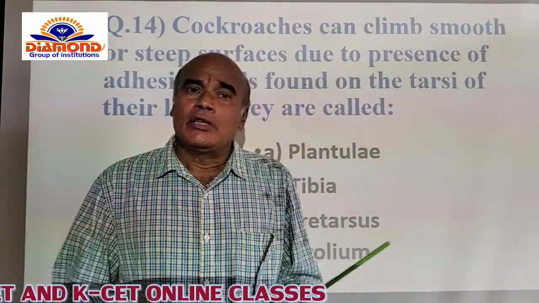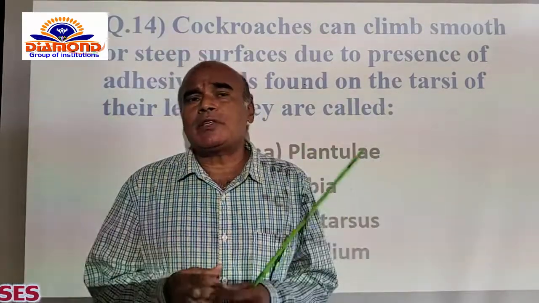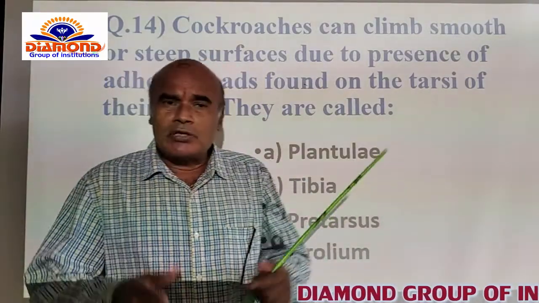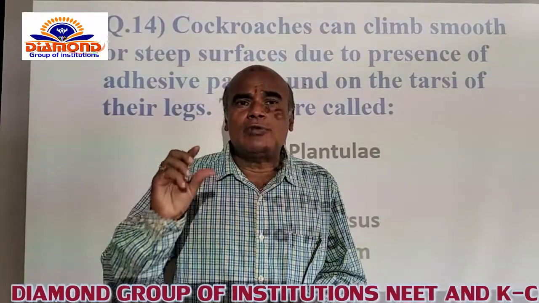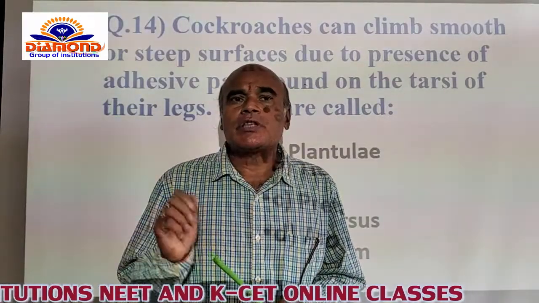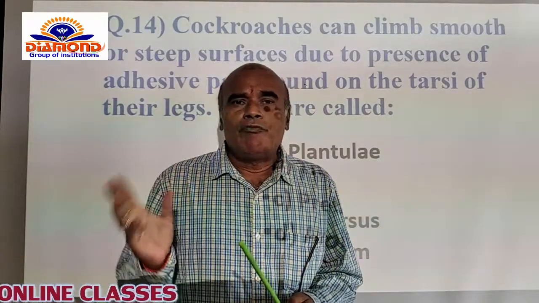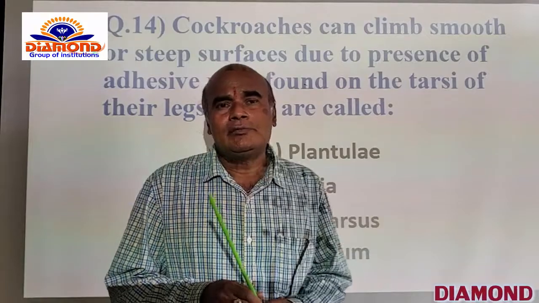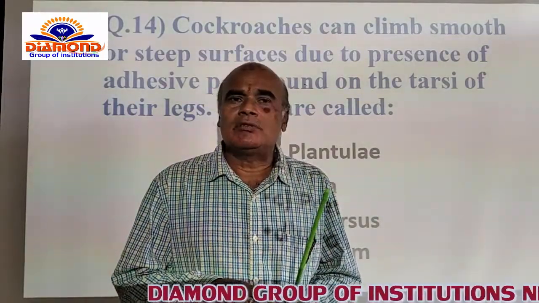You know that three pairs of legs are present, and all three pairs of legs of the cockroach are popularly named homologous organs, because each leg of the cockroach is made of five parts: coxa, trochanter, femur, tibia, and tarsus. The tarsus is the fifth segment of the leg, and it comprises five tarsomeres itself.